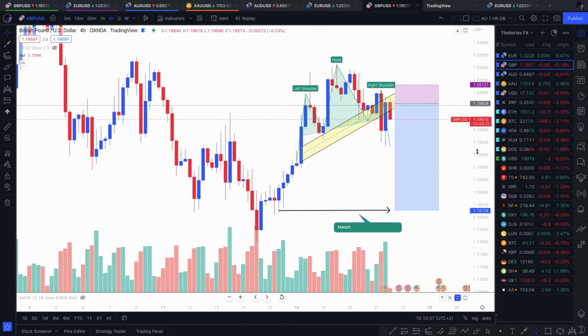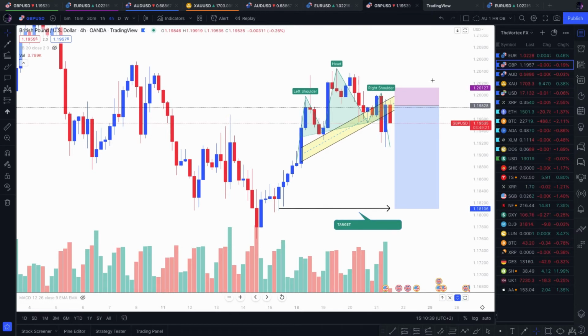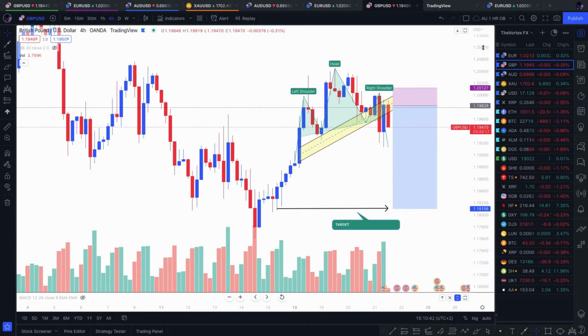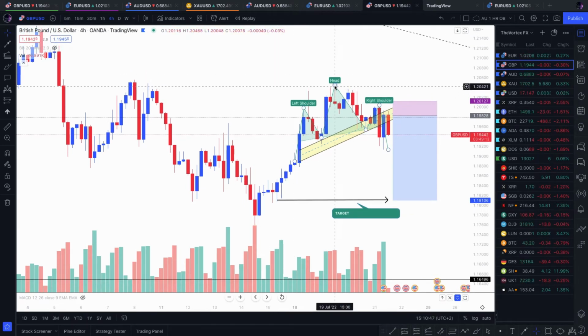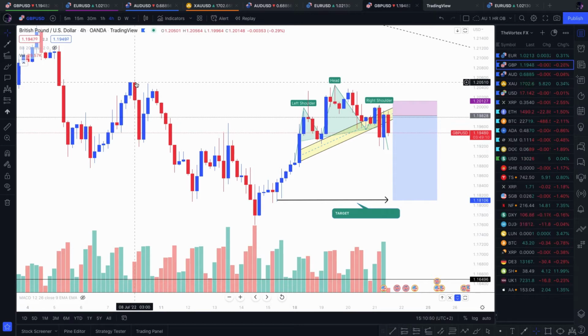Yes, we have seen some bulls come in and take some action, right? We have seen the bulls try and regain some ground. But look at what is actually going on. We still have not been able to break this previous resistance up here that was set on the 9th of July.